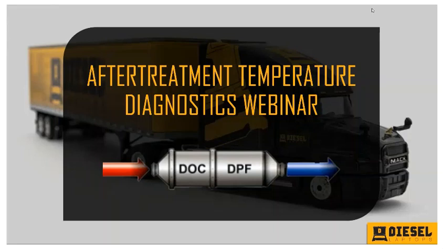That function is to capture ash and soot, and then under high temperature, oxidize that soot, converting it from a solid particle into a gas so it can escape the filter. That will leave us with only ash in that filter.